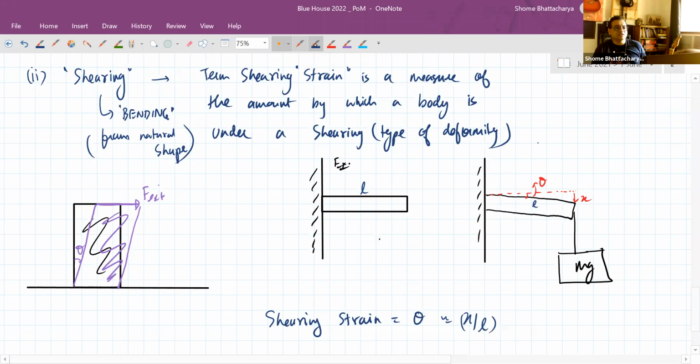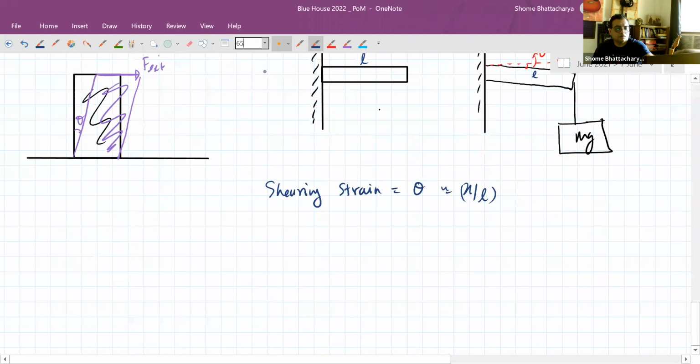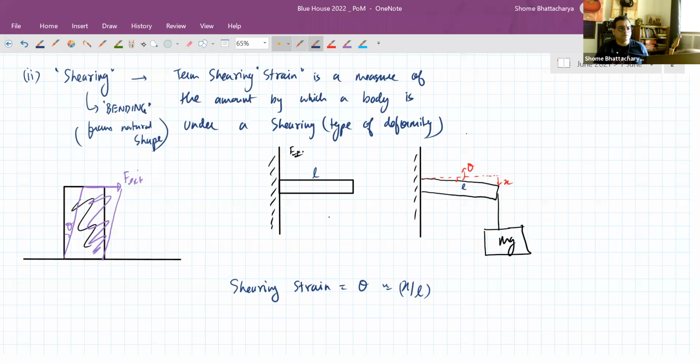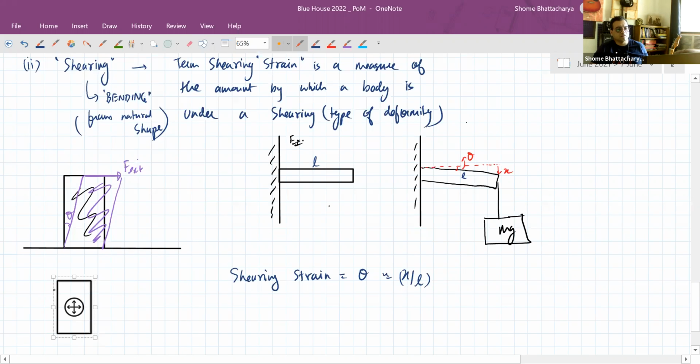Okay. So similarly, in the case of the first diagram, if the natural shape of this block was like this, length was L, now when we bent it out of shape, it's become like this.